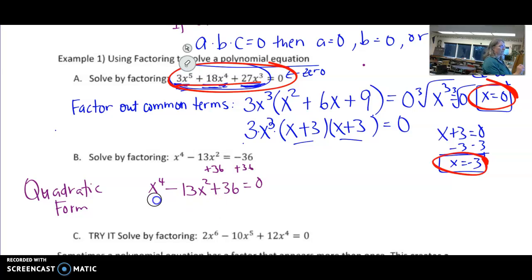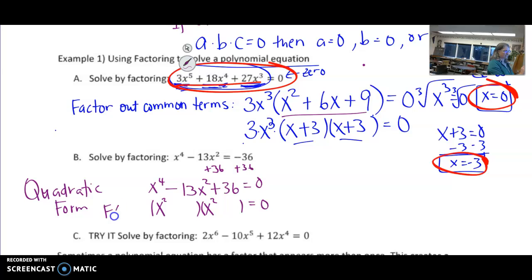When I go about factoring this, instead of x and x in the first two slots, I'm going to have x squared. That's really the only difference from factoring a quadratic like x squared minus 13x plus 36. Everything else will be just like factoring a quadratic. So we're looking for factors of 36.